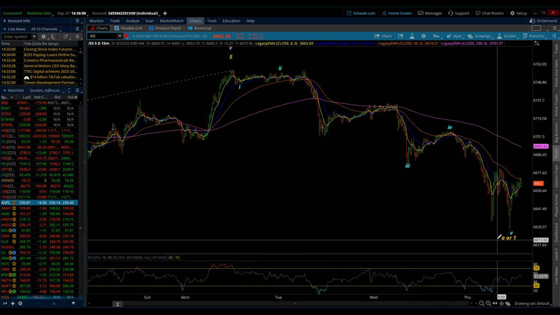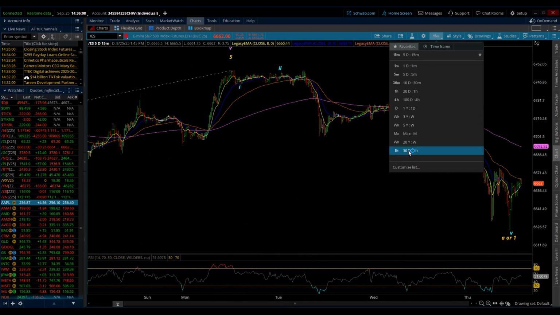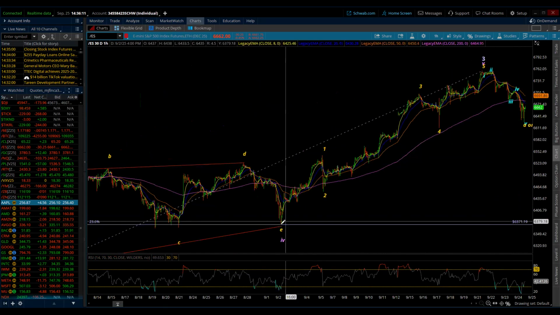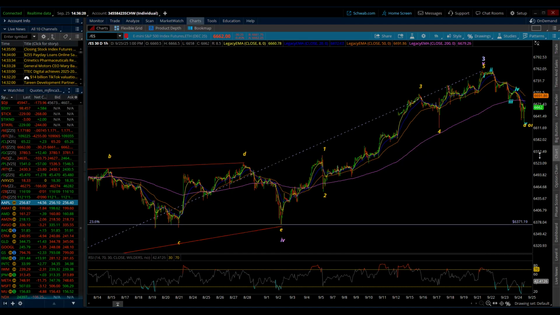I've marked it wave A or 1, and I'm doing that again on that sub-minuet level, going back again to our hourly chart. Ultimately, that's where I'm looking for this minute fourth wave to get to, basically 63.72. So it's still a pretty far way down.